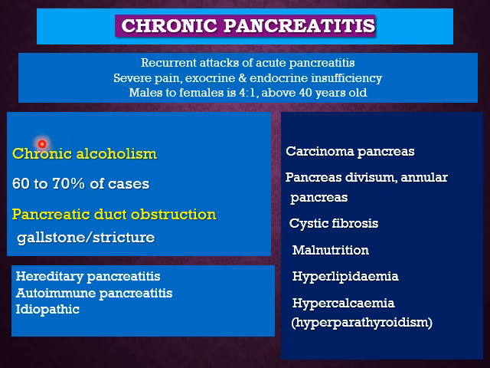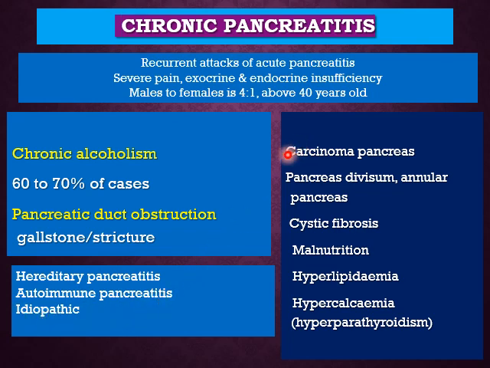Among the causes, the two main ones are chronic alcoholism, which accounts for 60 to 70% of cases, and pancreatic duct obstruction. Okay, and the most common cause will be gallstones and strictures of the bile ducts. Other causes include hereditary pancreatitis, autoimmune pancreatitis, and idiopathic causes.